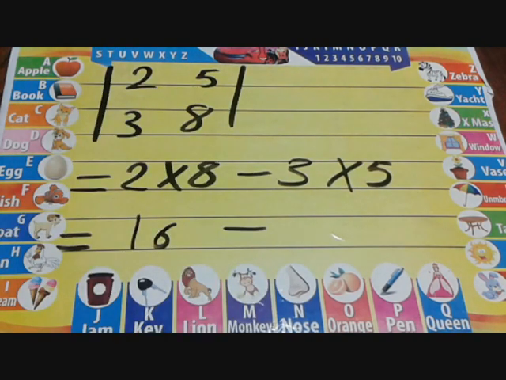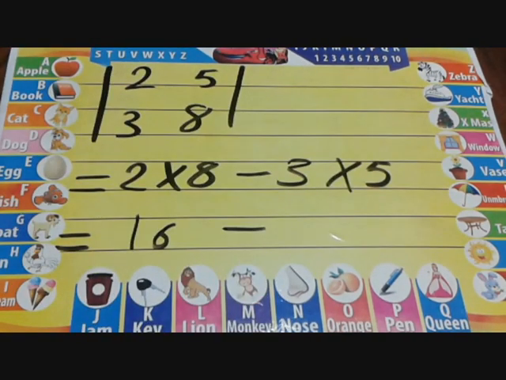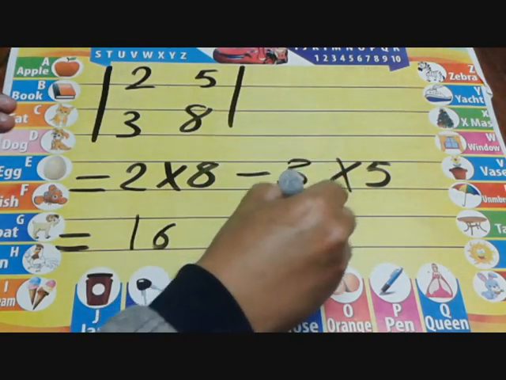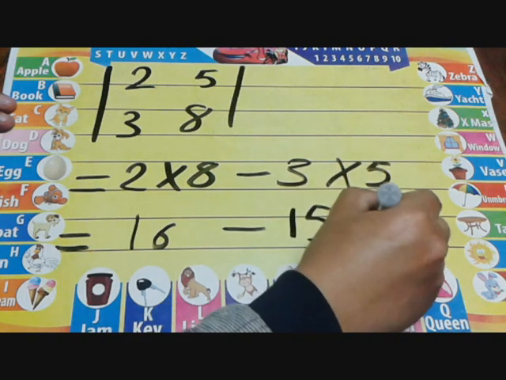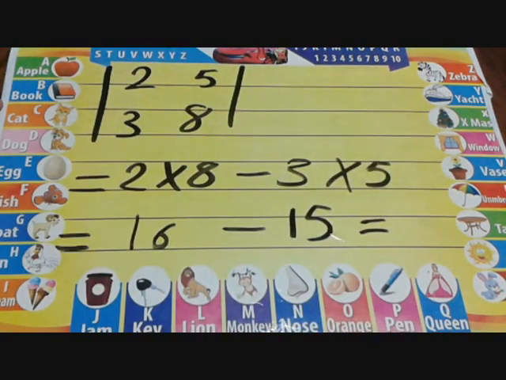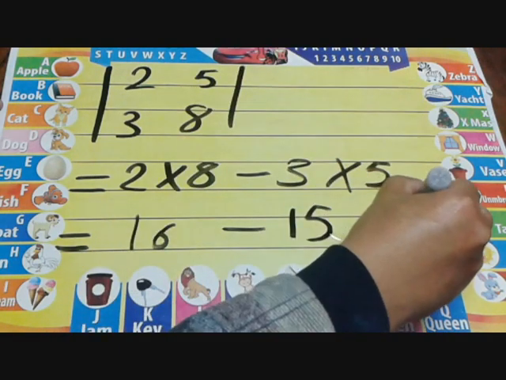Minus 3 times 5 equals what? 15. 16 minus 15 equals 1.